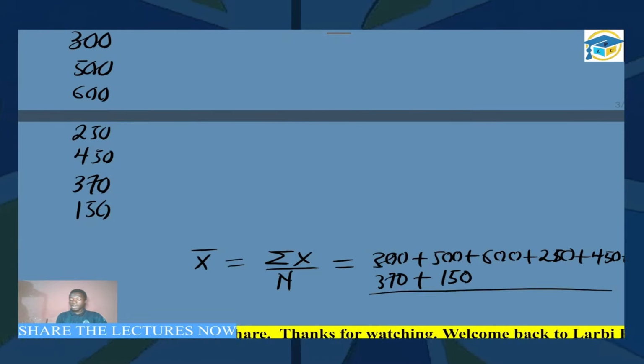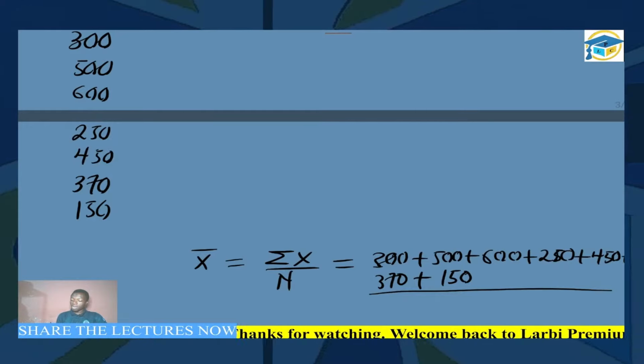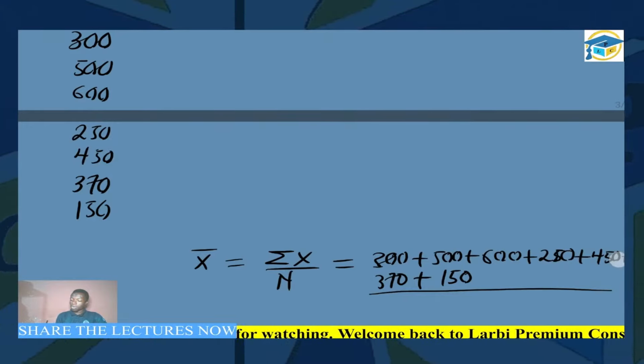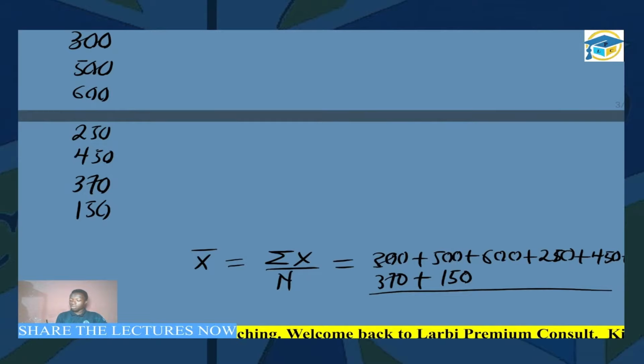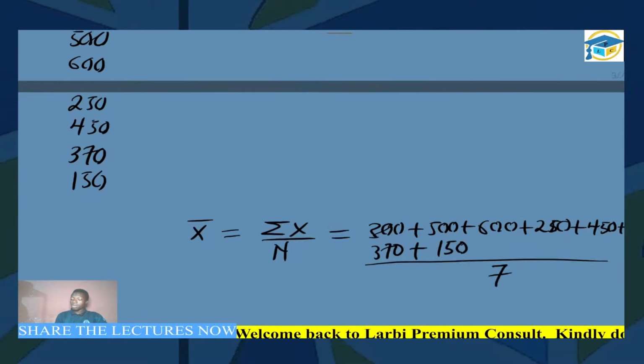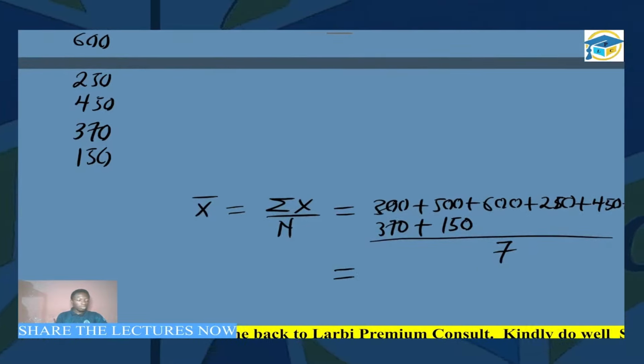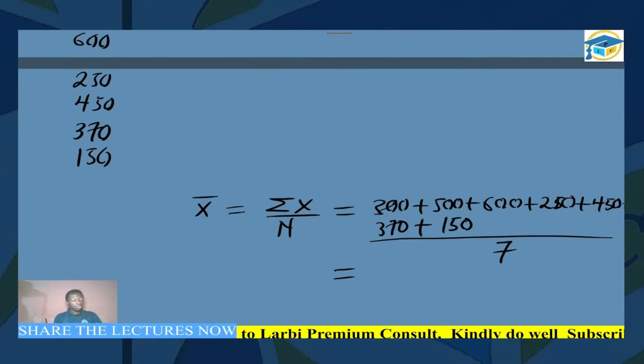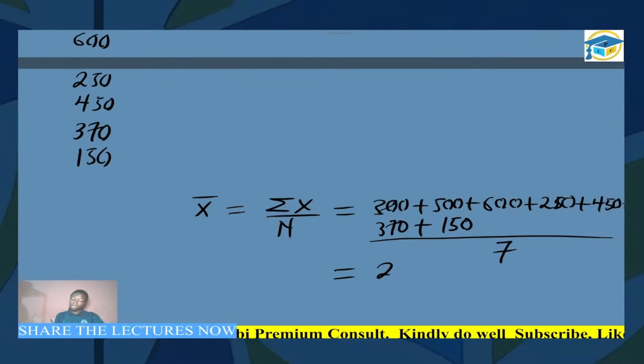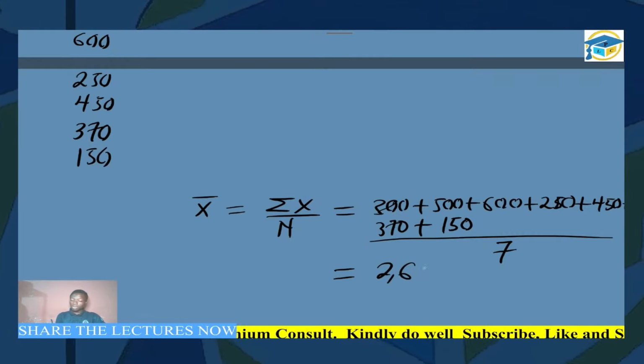And then divide by how many sets of data do we have in this particular case? We have 1, 2, 3, 4, 5, 6, 7. So we divide by 7. So when you're able to do the calculation right, you're supposed to get a total sum equal to 2,620.